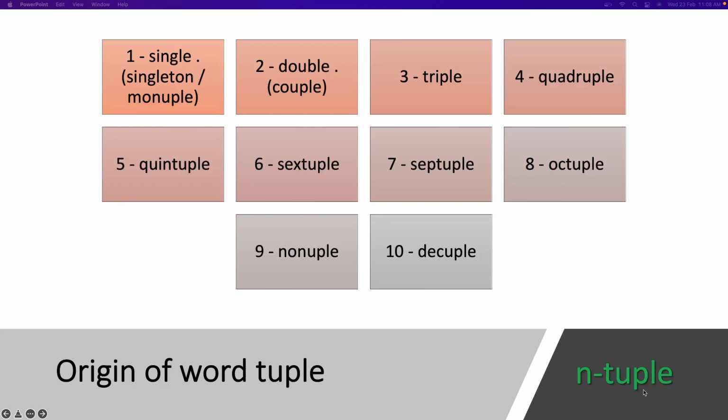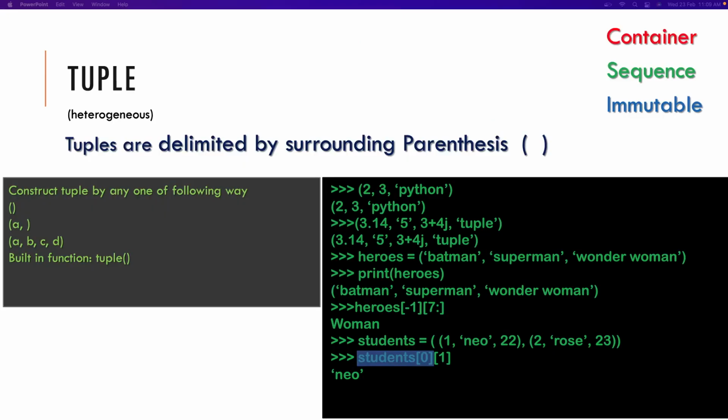So this is the origin of the tuple data type we used here. That is why we call this data type a tuple, because it is able to store multiple items.